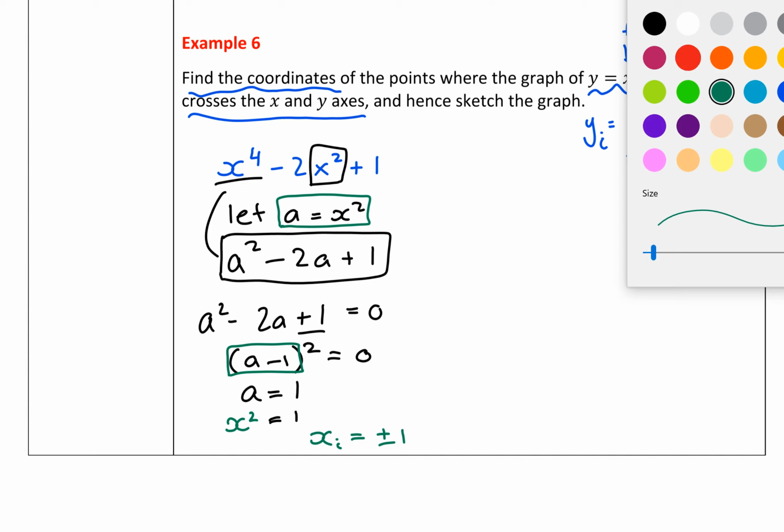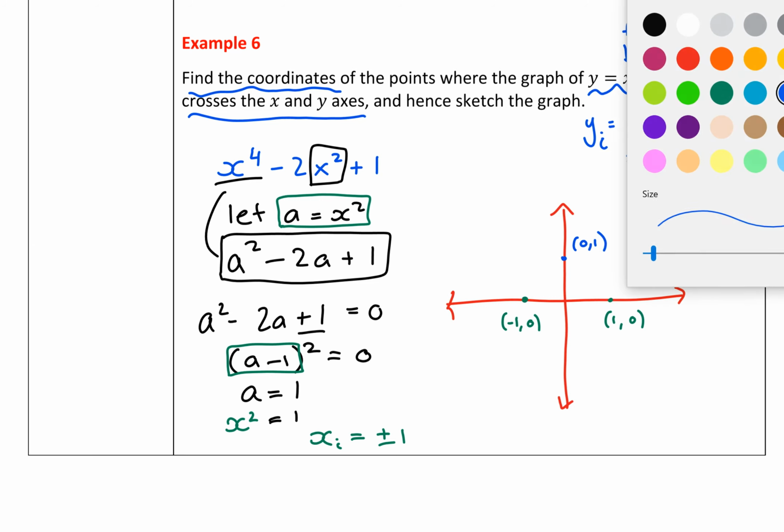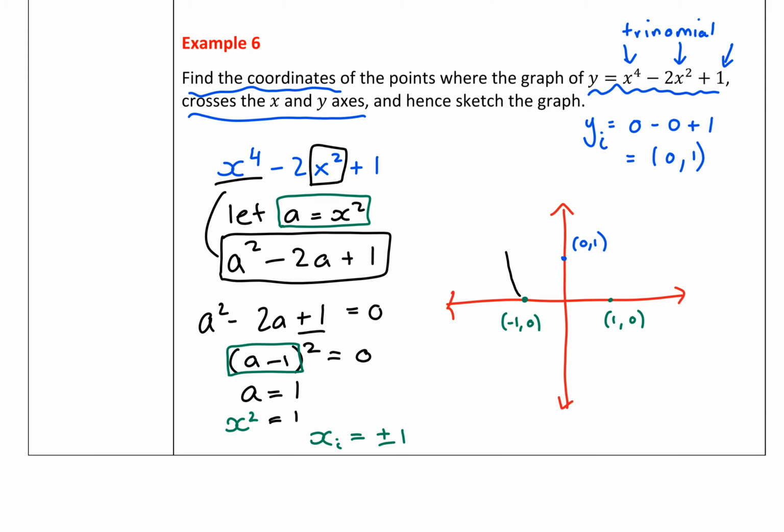factors. So, if I draw out my axes, I've got plus or minus 1, and I've got 1 as my y-intercept. The only way to draw these together in a positive way is to make that w.